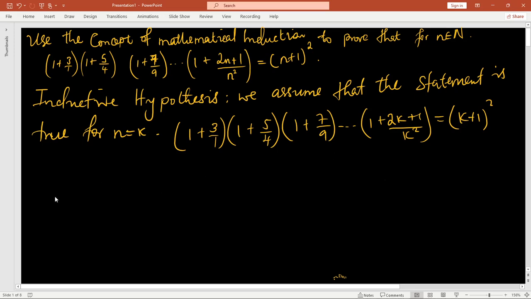So we need to show that this statement is also true for n equals to k plus 1. Alright, so here we're just going to say third step.